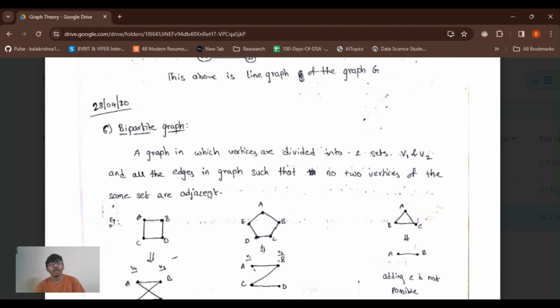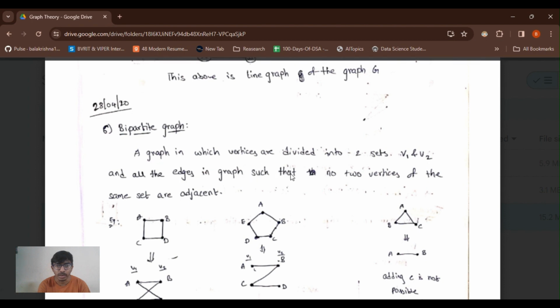Bipartite graph. A graph in which vertices are divided into two sets V1 and V2 and all the edges in the graph are such that no two vertices of the same set are adjacent.